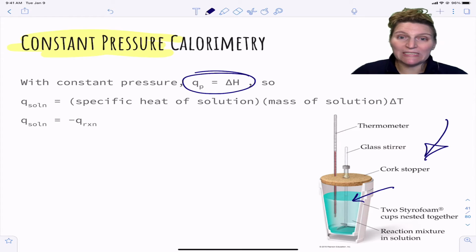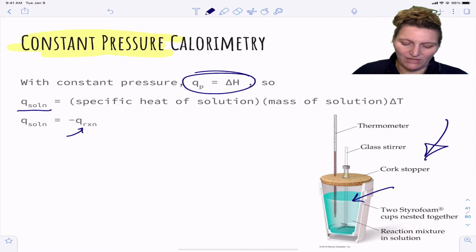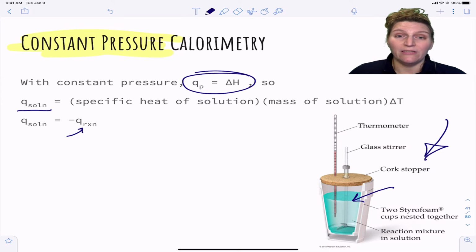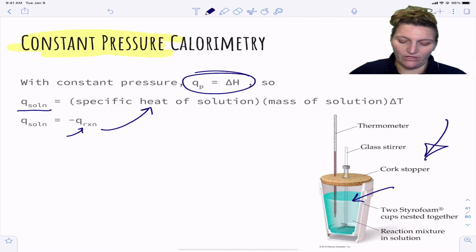And because of the law of conservation of energy, if the solution loses energy, then the reaction must gain it, or vice versa. So what we're interested in is the delta H of the reaction, but we can't really measure that. What we can do is measure the energy change in the solution.